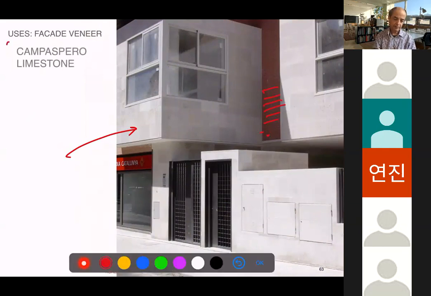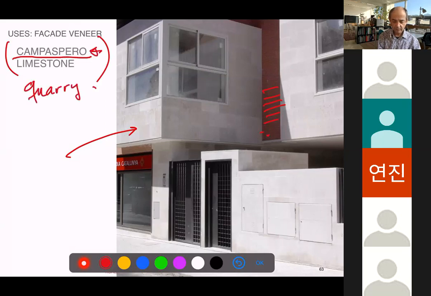You don't need to memorize all this, this is a local stone. In every country, they put a second name to the stones based on the quarry, usually. So when you see granite whatever or limestone whatever, that whatever is usually the quarry where they pull out the stone.